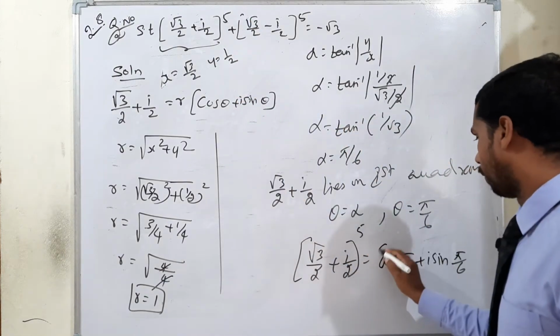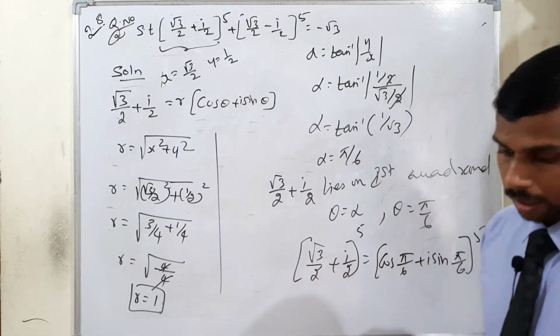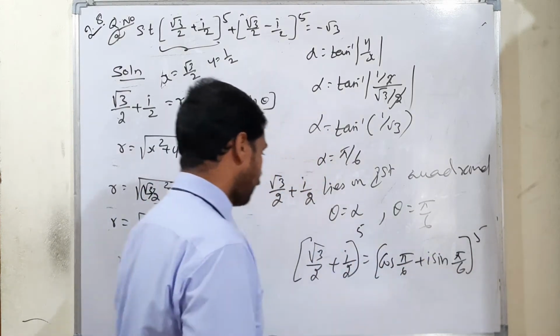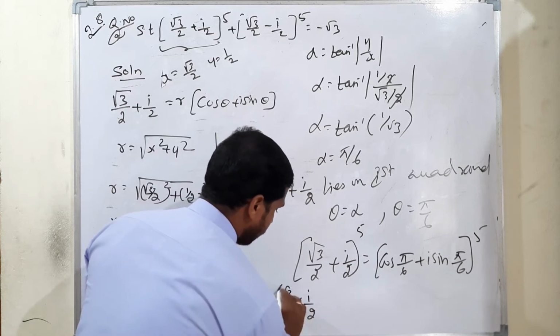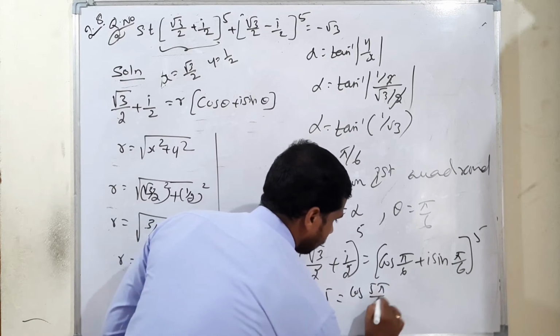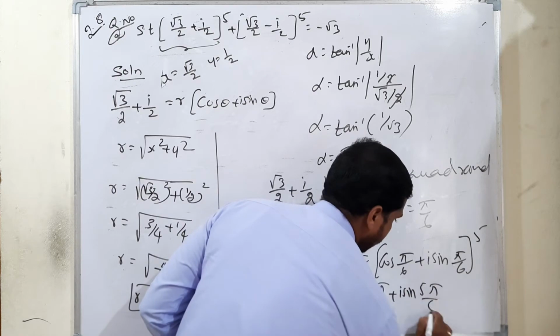If you make it the whole power of 5, outside also the whole term has power 5. But according to De Moivre's theorem, each and every term is multiplied by 5. So (root 3 by 2 plus i by 2) the whole power of 5 is equal to cos 5 pi by 6 plus i sin 5 pi by 6.